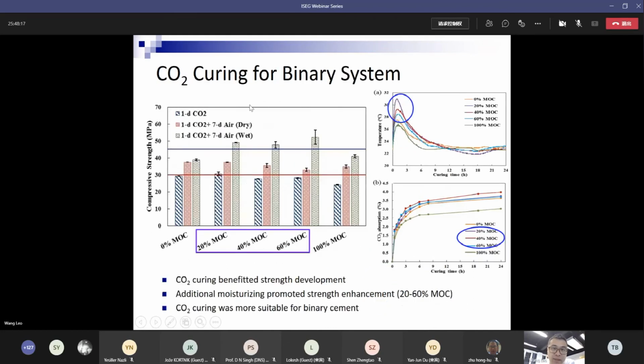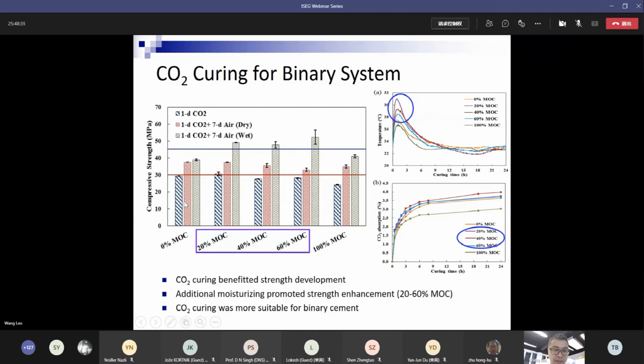And we use the CO2 curing for this binary system. 0% MOC means a pure OPC system. 100% MOC means a pure MOC system.